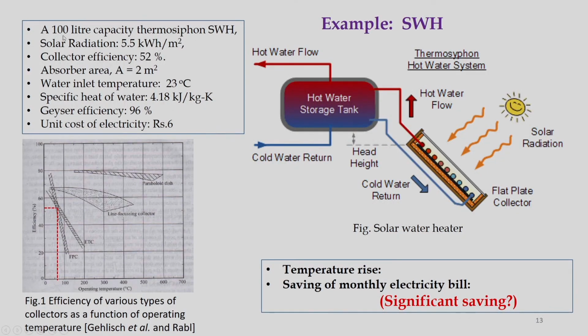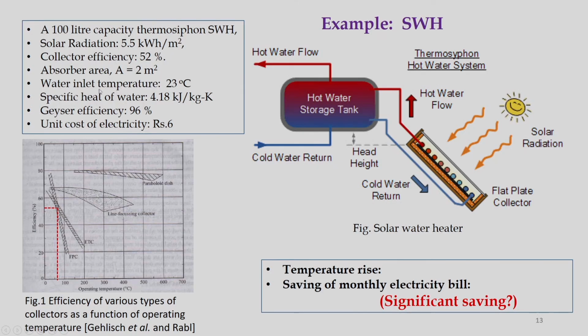A solar water heater of capacity 100 liters is there, and the solar radiation falling on a particular locality is 5.5 kilowatt hour per meter square, the collector efficiency is about 52%, and the absorber area is 2 meter square. Normally these absorbers are 2 meter by 1 meter, so it becomes 2 meter square area.